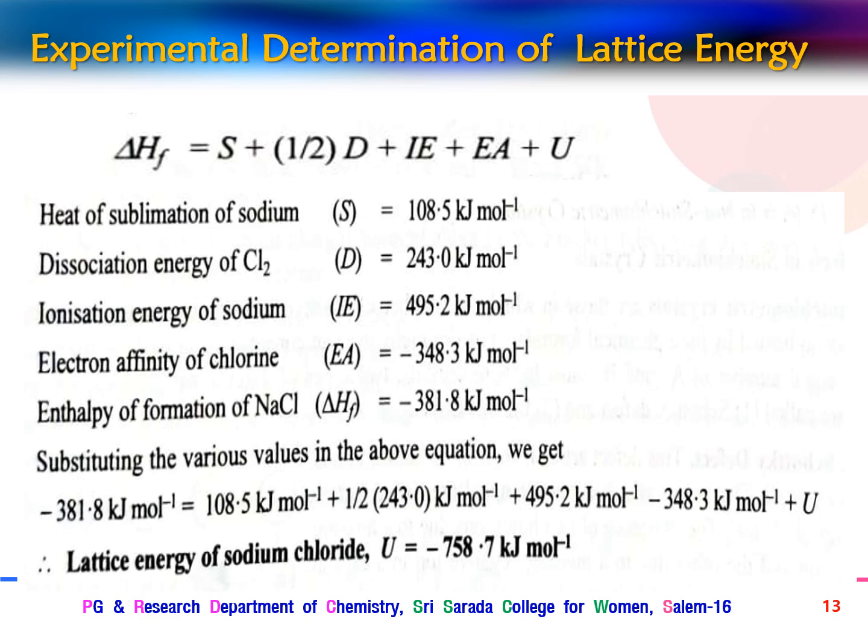By substituting the various values in the above equation, we will get U equal to minus 758 kilojoules per mole. By using this formula, we can calculate the lattice energy of any ionic compound.